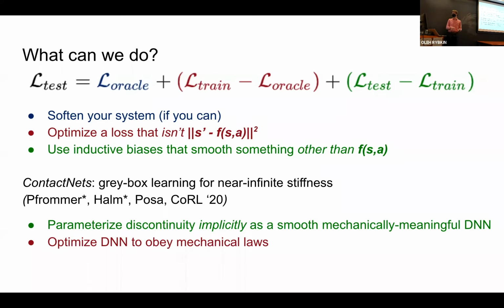The general philosophy here is that we're going to take deep neural networks and combine them with the structure that exists inside physics simulators like MuJoCo, Drake, and Bullet. We're going to use the physical structure imparted on the model to construct a new loss that, instead of being based directly on forward prediction, is going to be based on obeying mechanical laws.